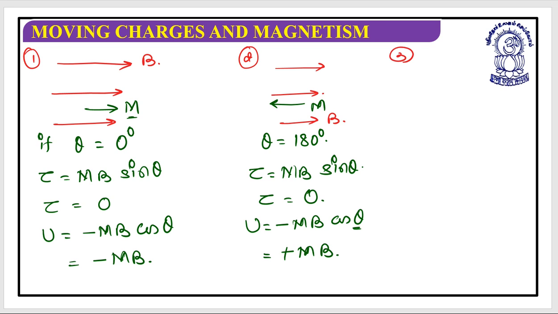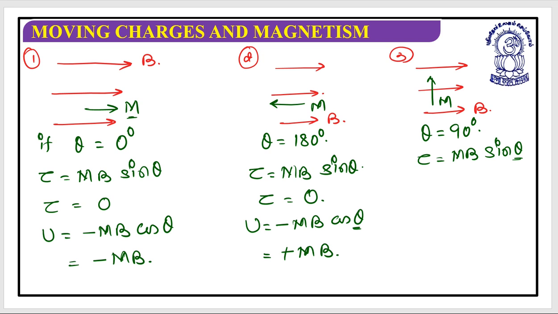Let's discuss one more situation where the magnetic field will be something like this, and the dipole moment will be in this direction, such that theta is equal to 90 degrees. Torque is mB sine theta, and sine 90 is a maximum value of 1, so this is the maximum torque, equal to mB.